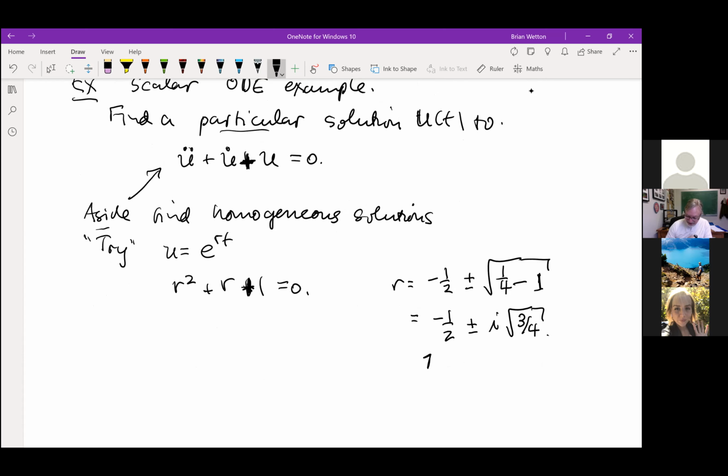Right, so I have decaying oscillatory homogeneous solutions. The important thing is these decay.